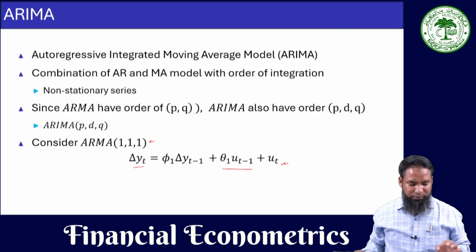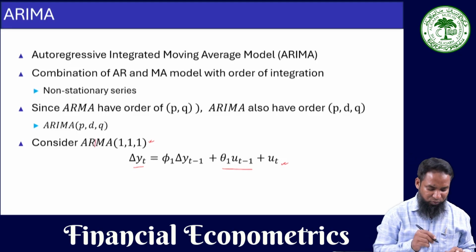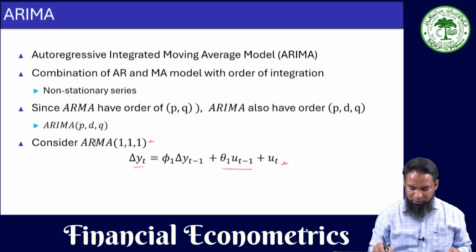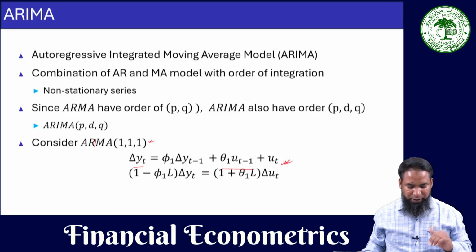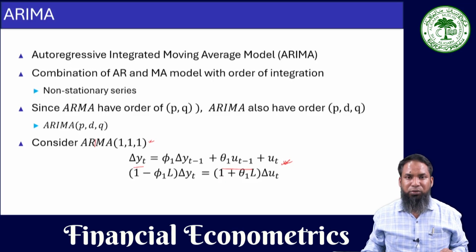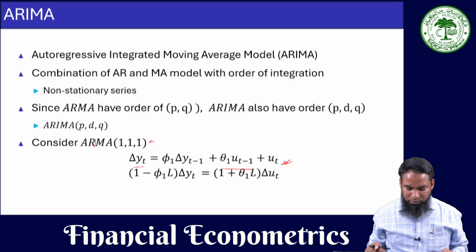In lag polynomial form, we can write (1 minus phi 1 L) delta yt equals (1 plus theta 1 L) ut.